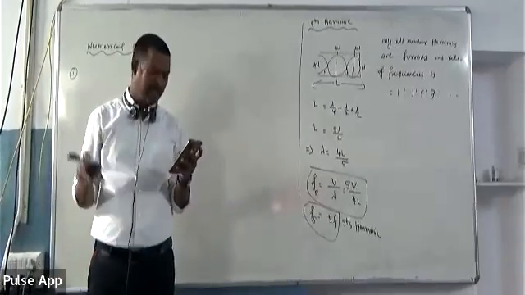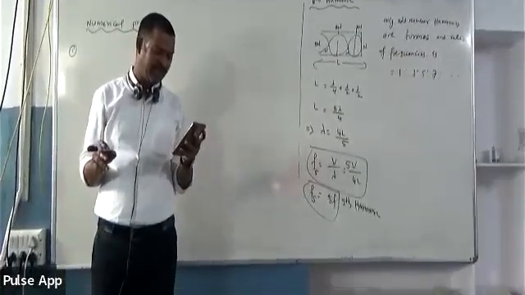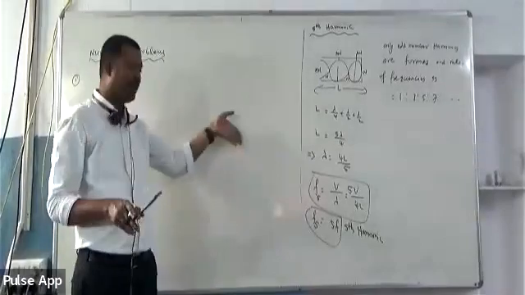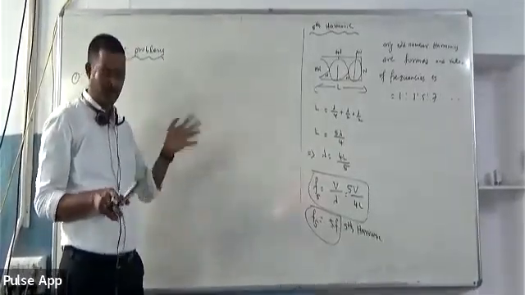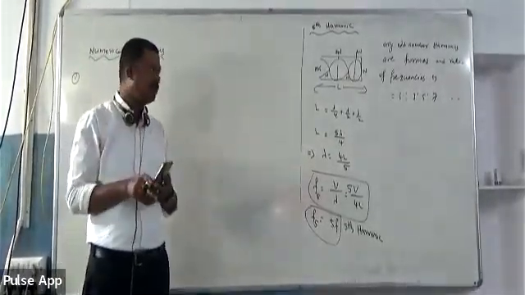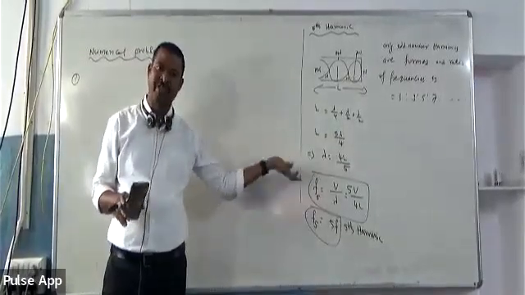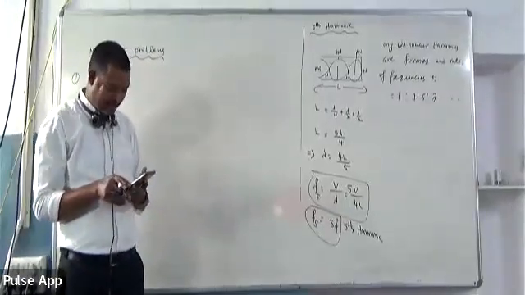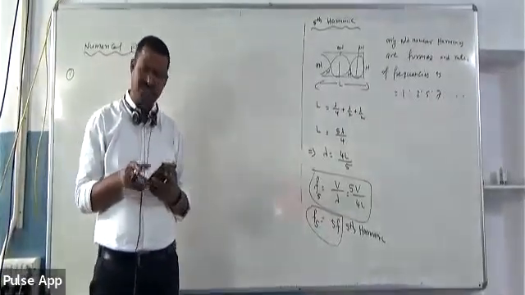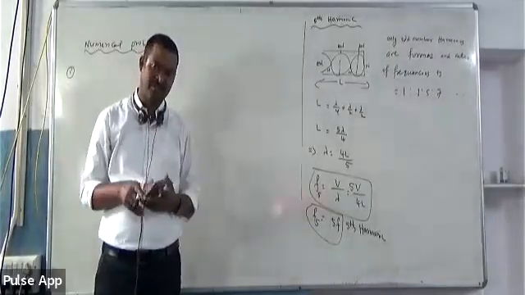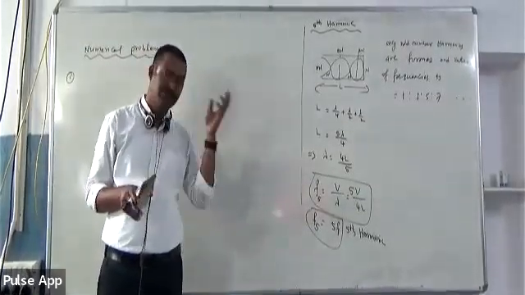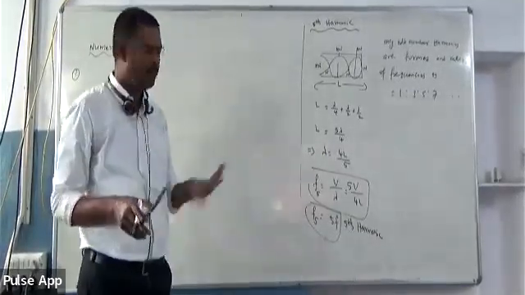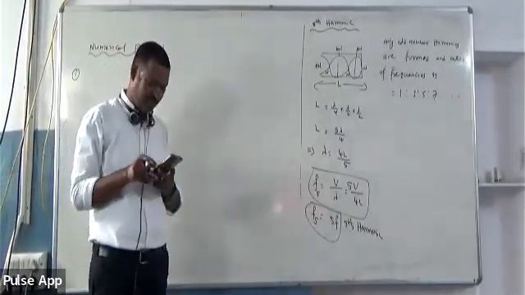Explain the various modes of vibration and obtain the relation between the frequencies. Just now I explained how stationary waves are formed in a closed pipe. And explain the different modes of vibration: just now we saw the 1, 3, 5 modes of vibration, odd number modes. And obtain the relation for their frequencies, that is 1:3:5:7, the frequency ratio we have. Along with this, one numerical question was given.